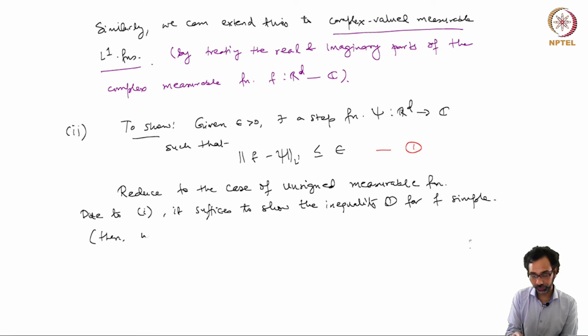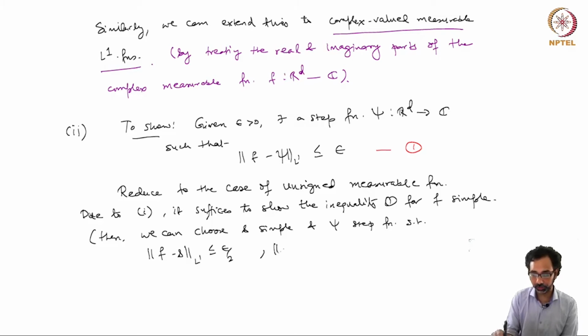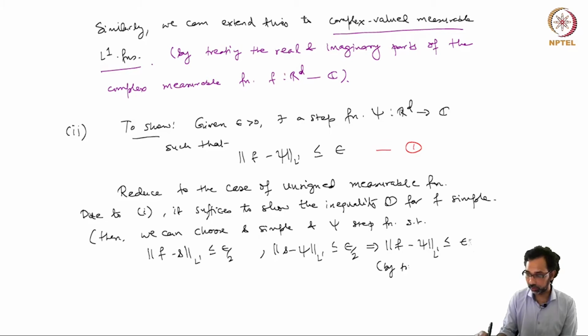Then we can choose s simple and c step function, such that the norm of f minus s is less than or equal to epsilon by 2, and the norm of s minus c is less than or equal to epsilon by 2, which implies that the norm of f minus c is less than or equal to epsilon by the triangle inequality.